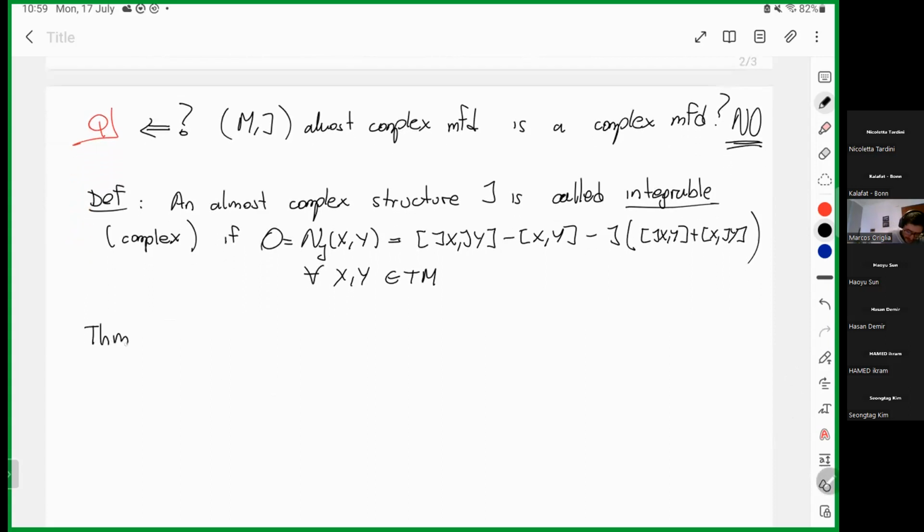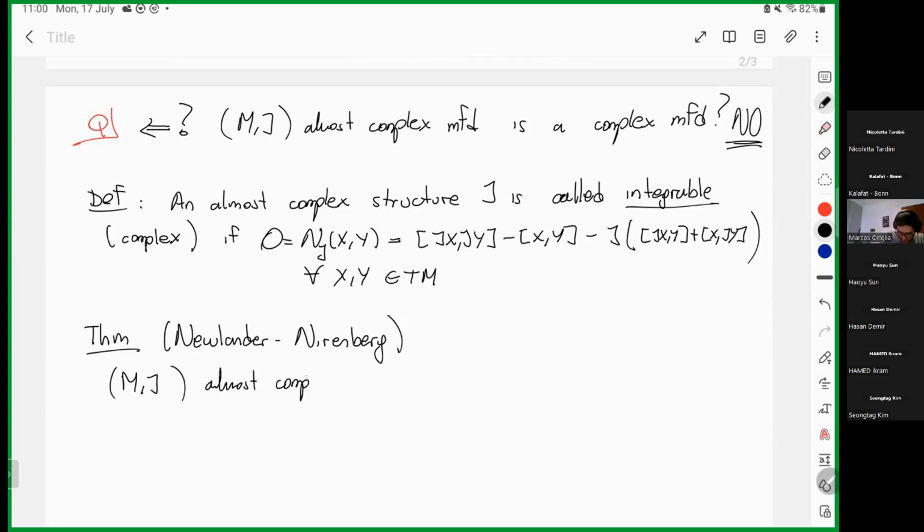And we have this result due to Newlander and Nirenberg that says that if (M, J) is an almost complex manifold, then M is a complex manifold if and only if this tensor vanishes.